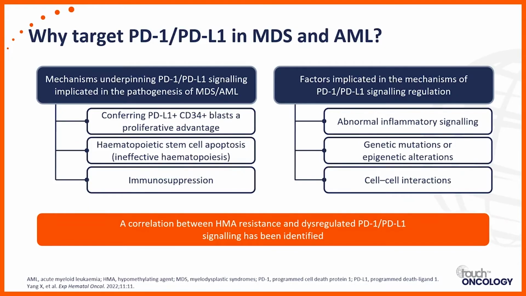Immune checkpoint molecules play important roles in maintaining an immunosuppressive tumor microenvironment, and recent studies have demonstrated overexpression of programmed cell death 1, so-called PD-1, by effector T cells and Tregs. On the other hand, programmed cell death ligand 1, PDL1, was mainly upregulated in CD34 positive blasts. There is evidence that PDL1 positive blasts isolated from MDS patients exhibited a growth advantage compared with PDL1 negative blasts.